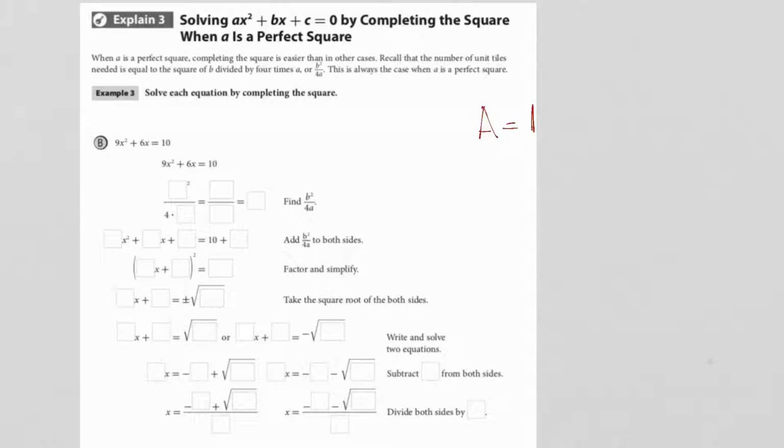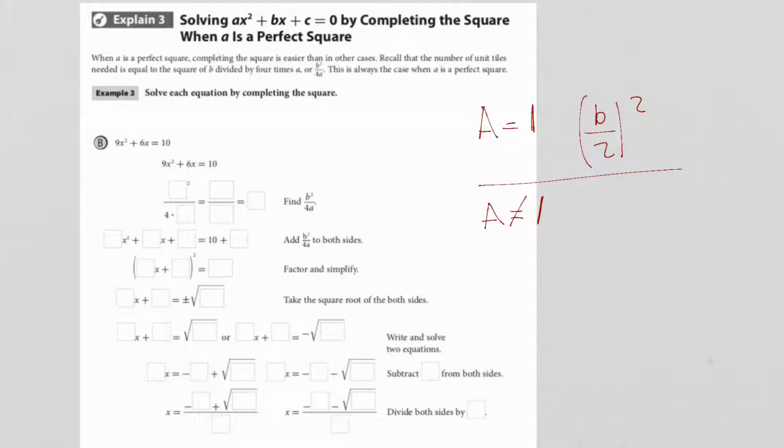So there's a couple other rules, and when a is equal to 1, let's recall we would have to take b and divide it by 2 and square it. So that's the rule when a is 1. But there's going to be a different rule when a is basically not 1. And when a is not 1, it's going to be something else.